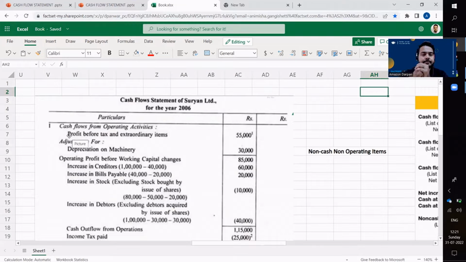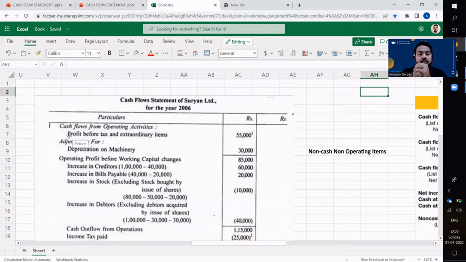Can you name them? The two methods in operating activities were the indirect method and the direct method. Most popularly, the indirect method of computing operating activities is widely used, and the direct method is less frequently used.